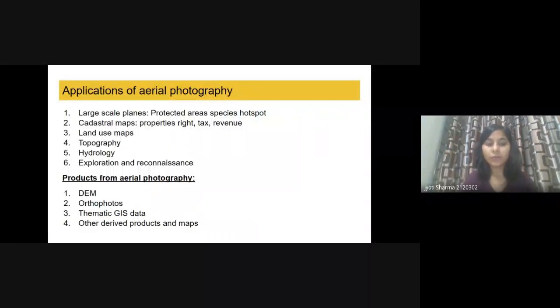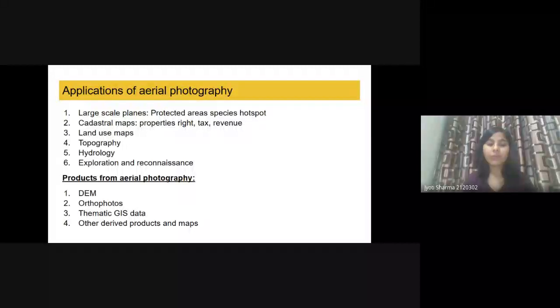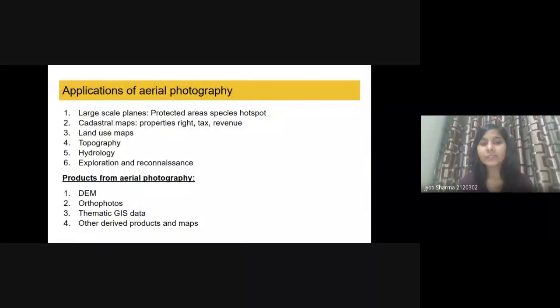Then we have orthophotos and thematic GIS data. You will get used to these terms when you take such courses. We may also create other derived products or maps. For example, using this satellite data we can estimate how much carbon is being stored in the vegetation or forest area. How is it possible?